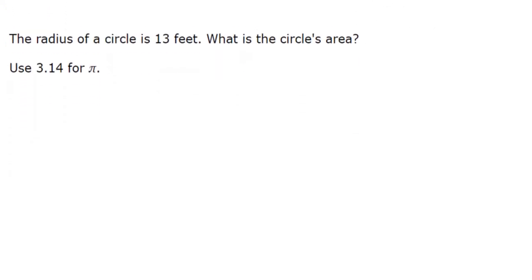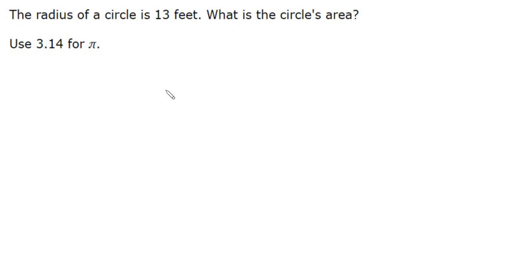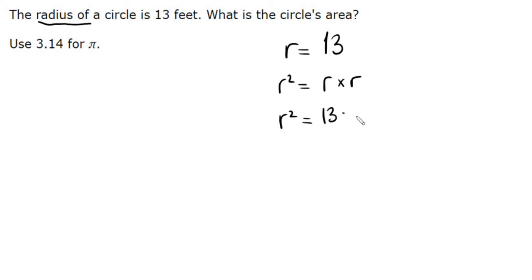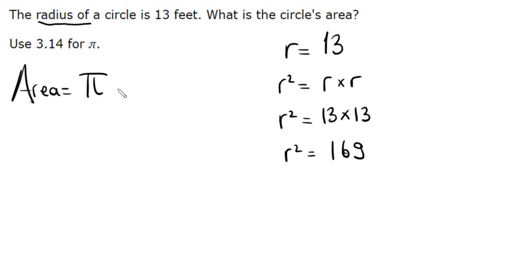Right, let's solve this example. This is our last example. The radius is given, as you can see. So we can write that r is equal to 13 feet. So r squared is r times r, which is 13 times 13, so r squared is 169. The area of this circle is pi times r squared.